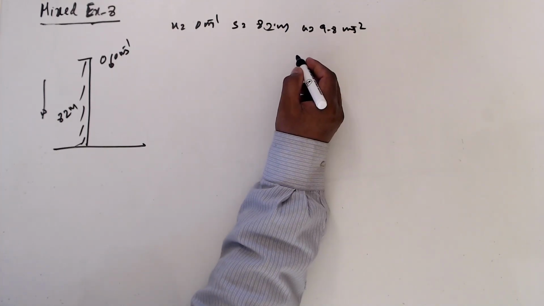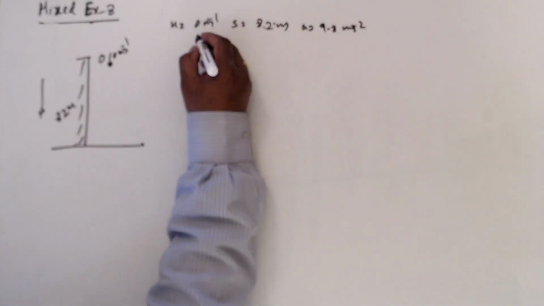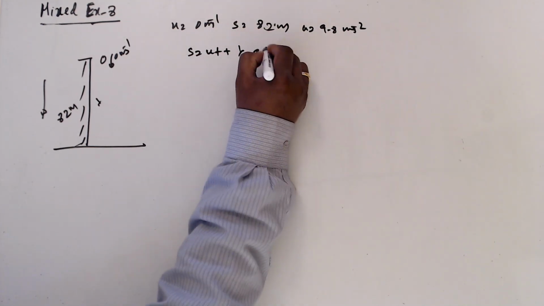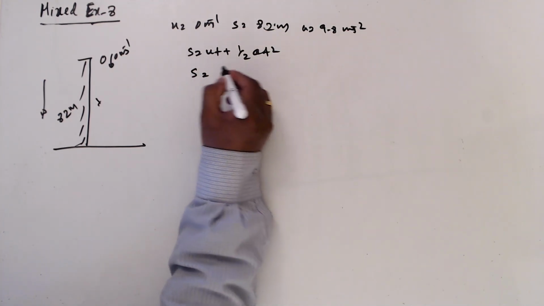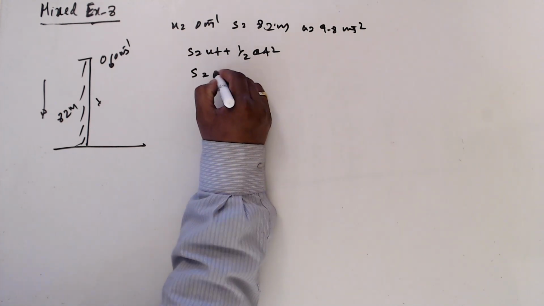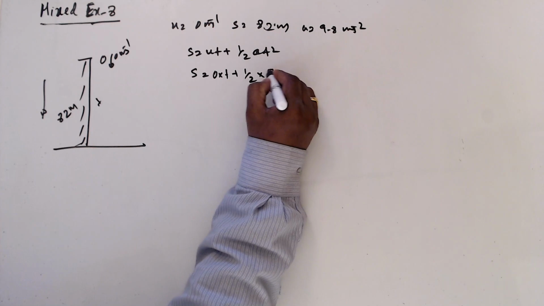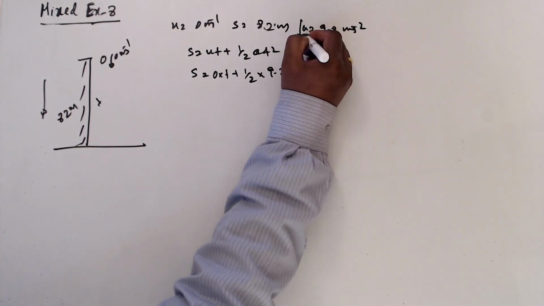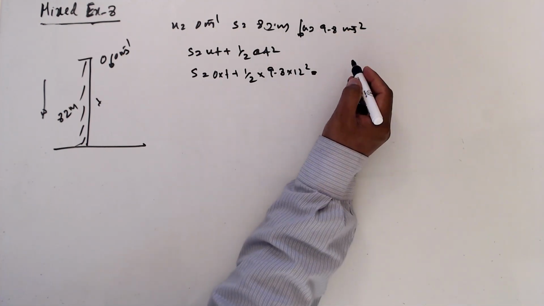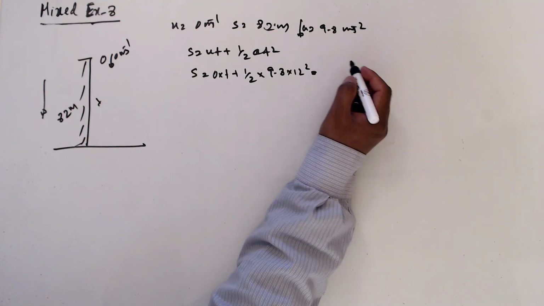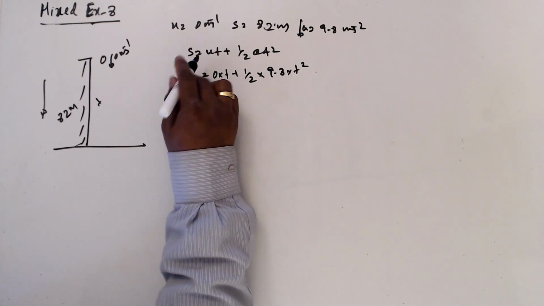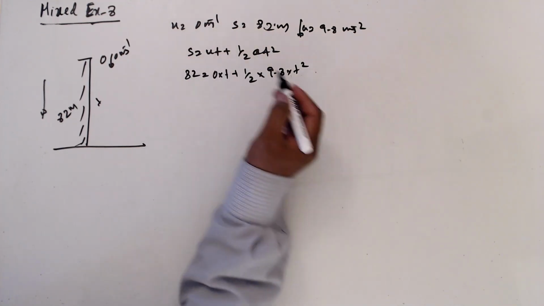Part 1. The time taken to reach the sea. So let's say t. s equals ut plus half at squared. So s equals 0 times t plus half times 9.8 times t squared. t is the thing we need to know, and s is given, that is 82 meters.